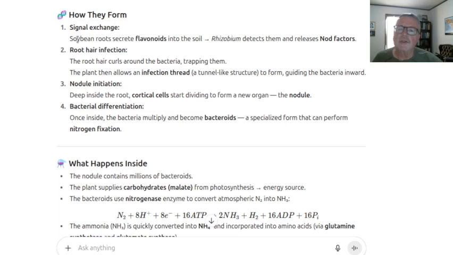Let's walk through this. Soybean roots secrete flavonoids into the soil. What a strange name. Here's the name of the bacteria that detects them and releases nod factors. Another strange term. The root hair curls around the bacterium, or all these different bacteria, trapping them.